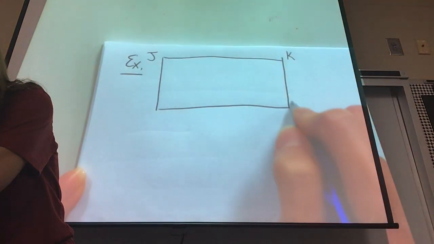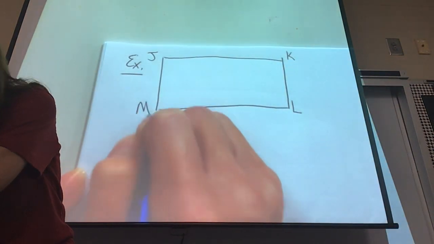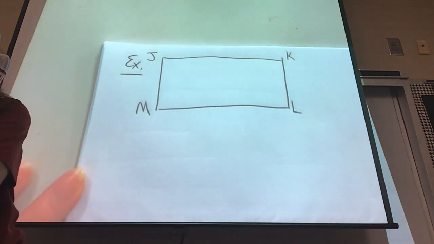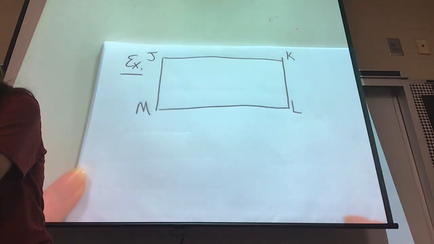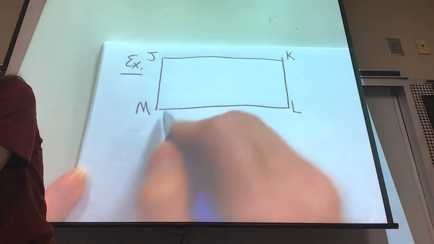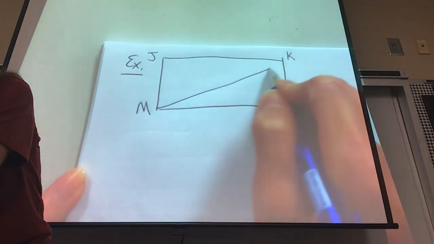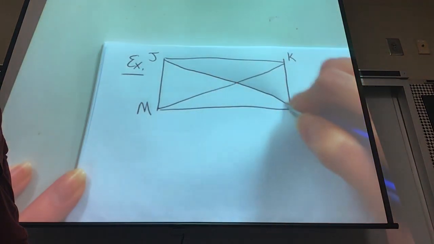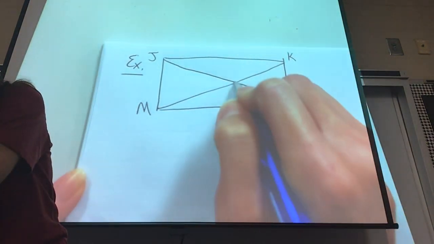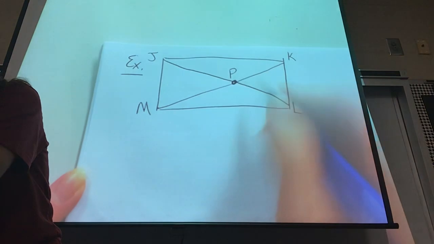So we've got J, K, L, and M. Draw your two diagonals, and where they intersect is going to be point P.